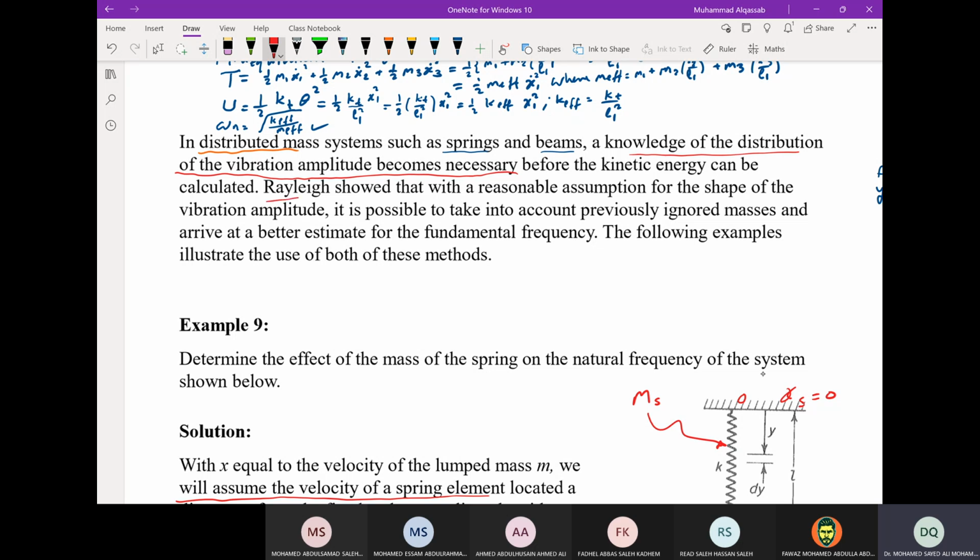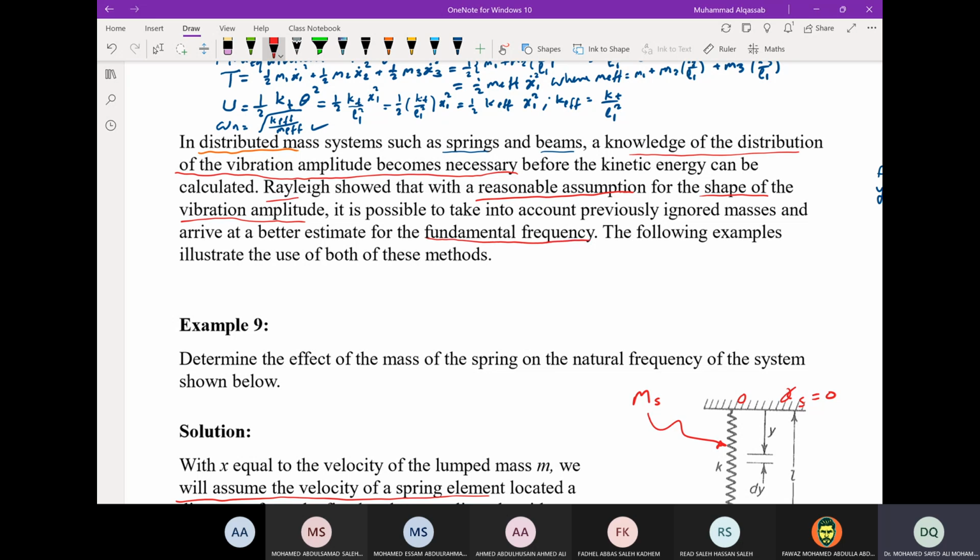Rayleigh showed that with reasonable assumptions that at least satisfy the boundary conditions for the shape of the vibration amplitude, we assume a function, and that is what we did. It is sometimes called shape deflection. It is possible to take into account previously ignored masses and arrive at a better estimate for the fundamental frequency.